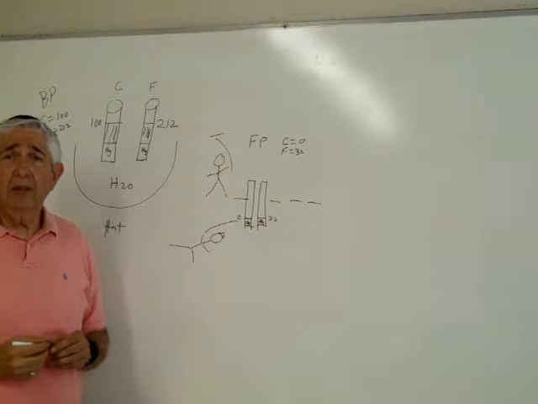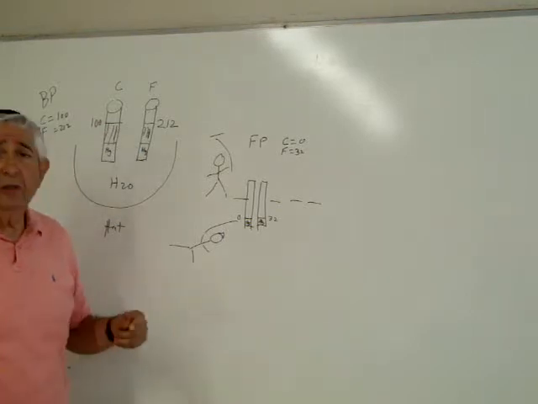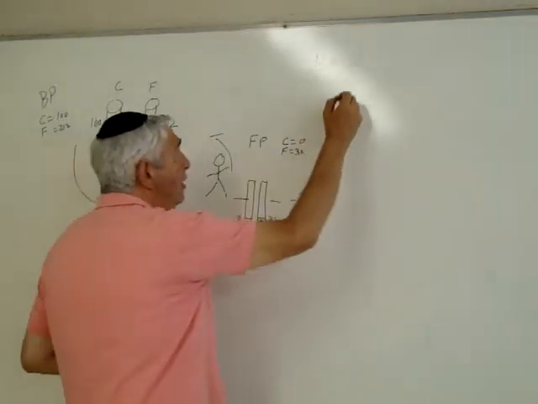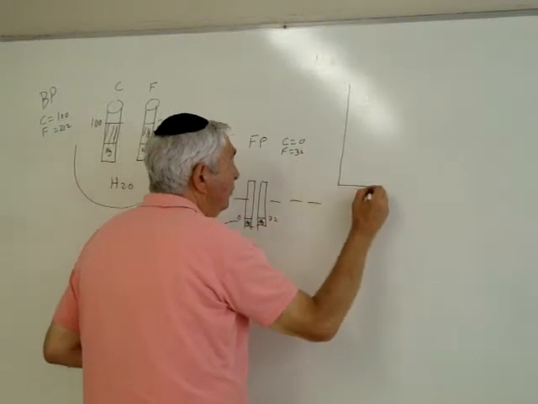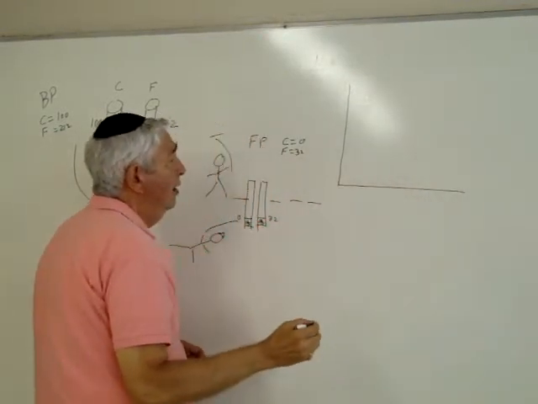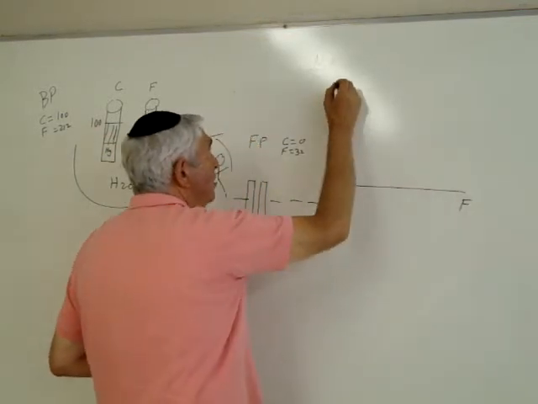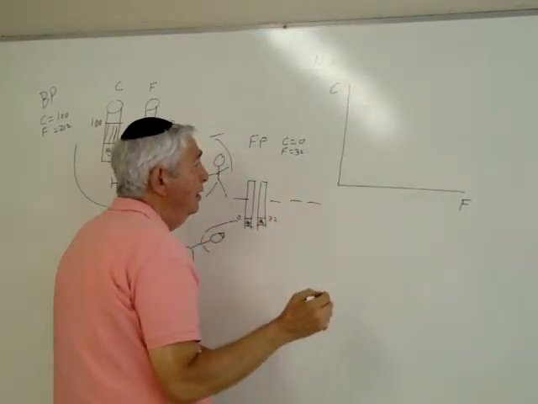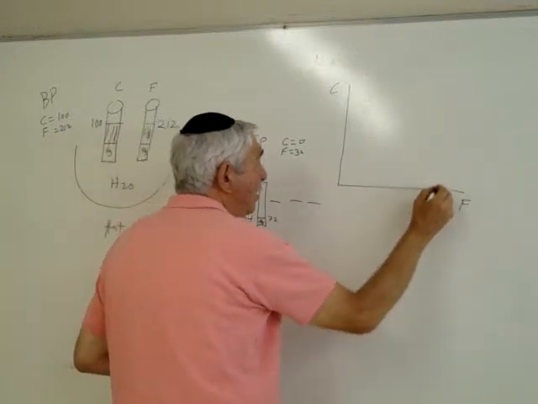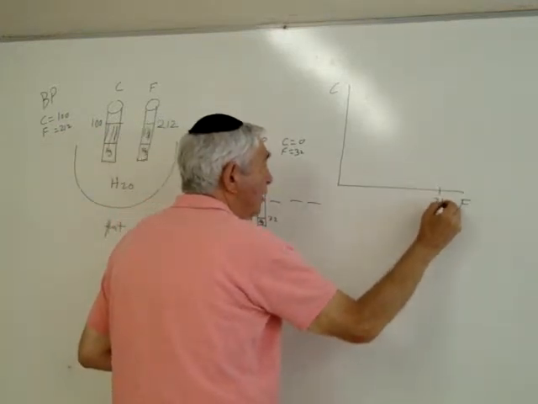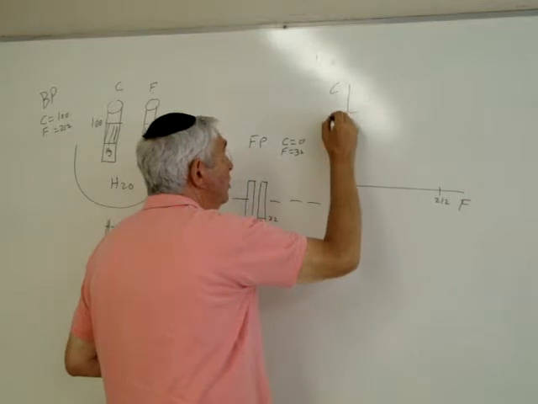2 points determine a straight line, and what I'm going to do is draw a graph. So if I draw a graph, okay, on this graph, if I mark this one Fahrenheit and this one Celsius, then the boiling point is where Fahrenheit is 212 and the Celsius temperature is 100.